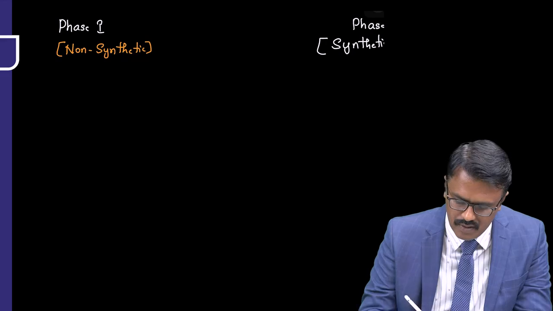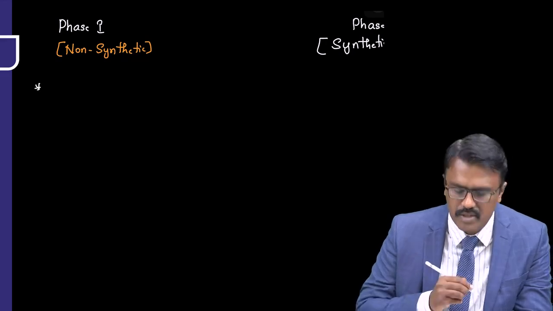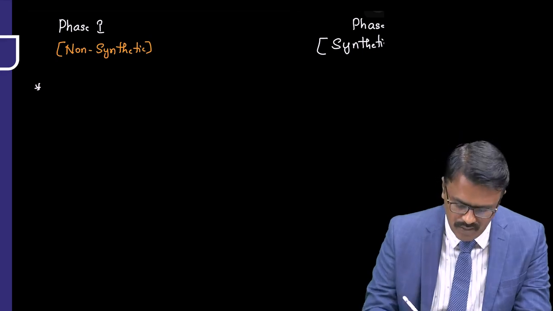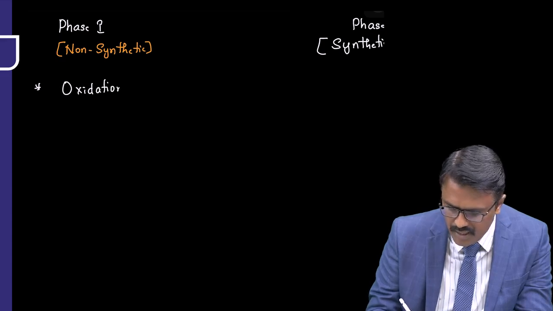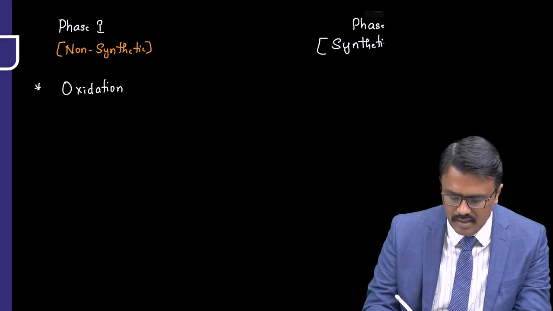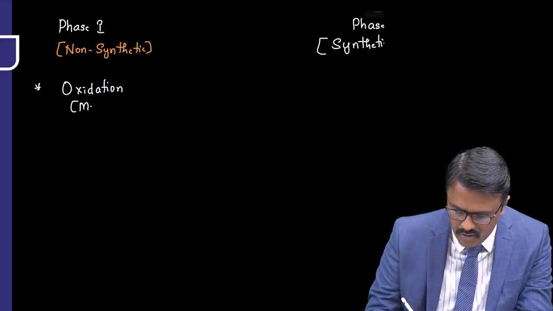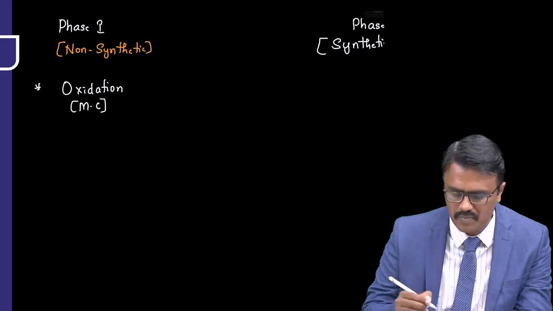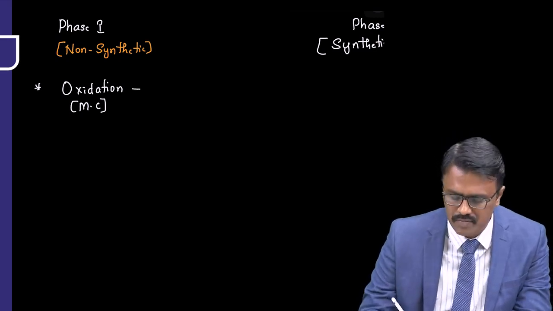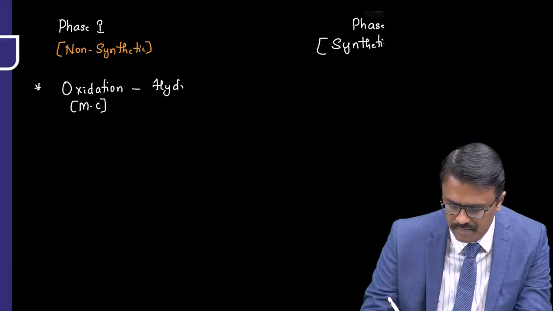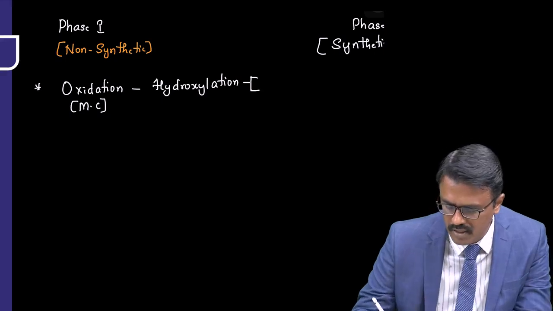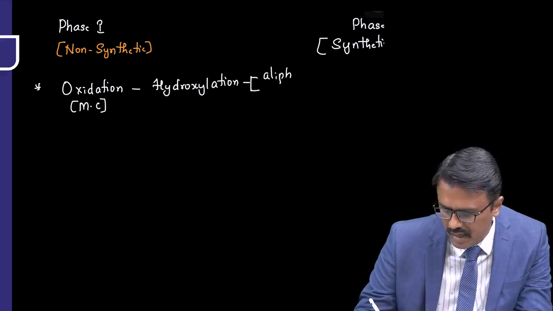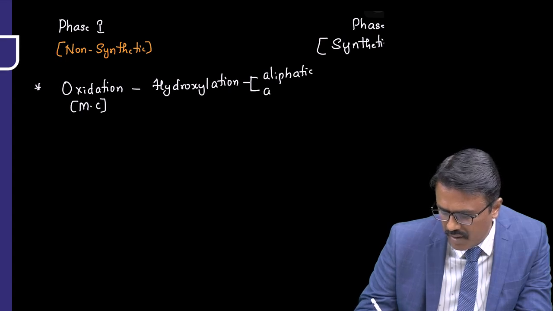Now phase 1 is non-synthetic reaction. So we have oxidation. You know from biochemistry, oxidation means adding of oxygen. And remember, in phase 1, the most common reaction is oxidation. In oxidation, we have various types, for example hydroxylation, which may be two types: aliphatic and aromatic hydroxylation.